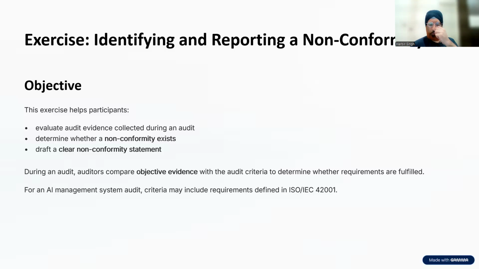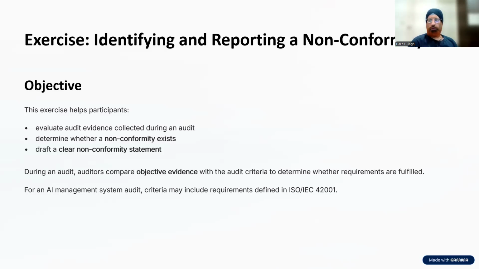So today we will be doing a very interesting exercise about identifying and reporting a non-conformity. You might be aware that non-conformities are related to the outcomes of the audit. As we perform the audit activities and come to the conclusion of the audit, we have the outcome of the audit.